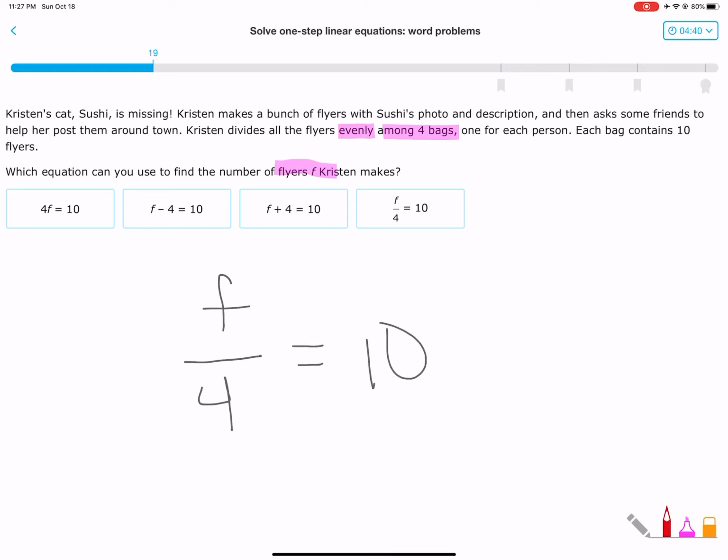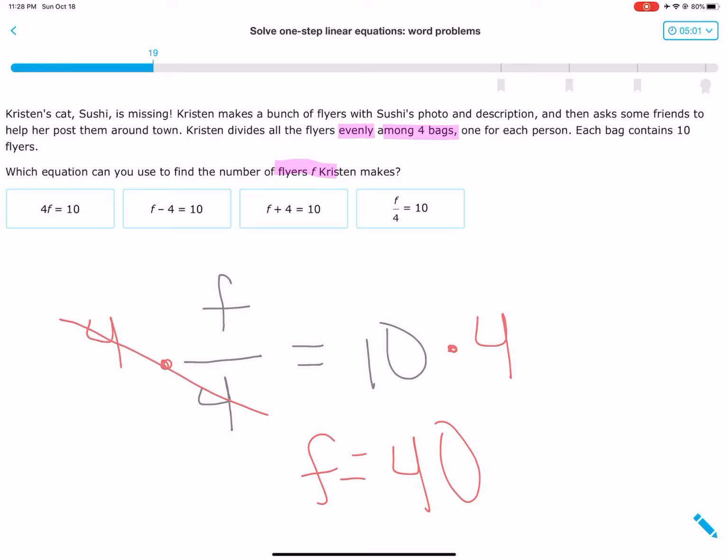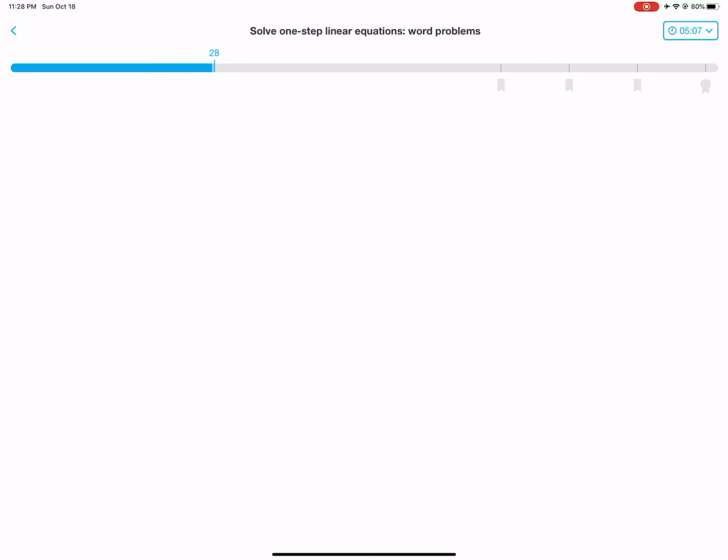How do we solve this? Well, F divided by 4, the opposite of division is multiplication. So we multiply 4 on both sides, those cross out. F equals 40. So what's our equation? Awesome.